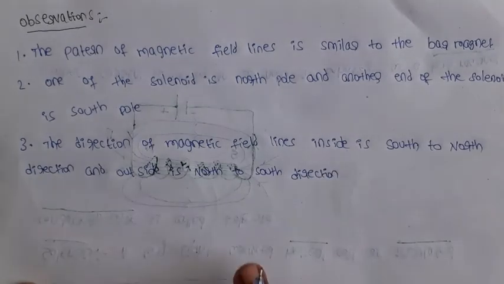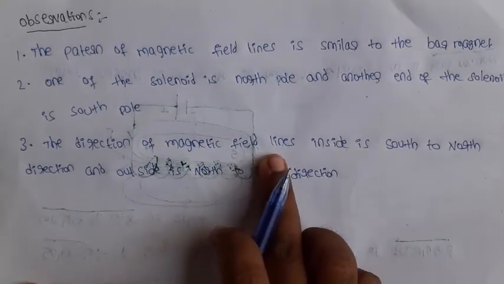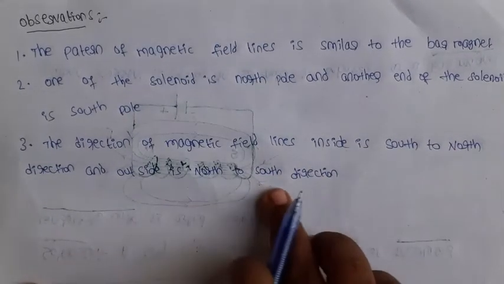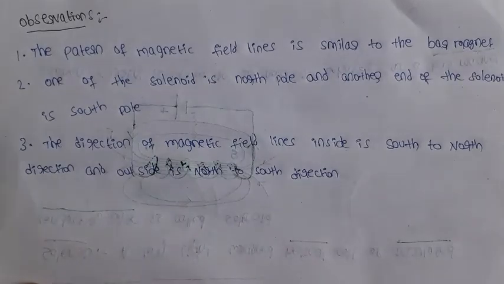This is the direction of the magnetic field. Inside is south to north direction, outside is north to south direction.